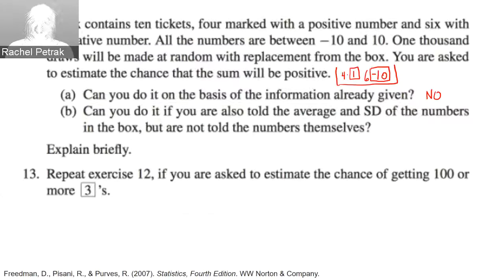If we know the average of the box, then we can estimate the chance that the sum will be positive. Because we have the average and the standard deviation, we can use the normal approximation.